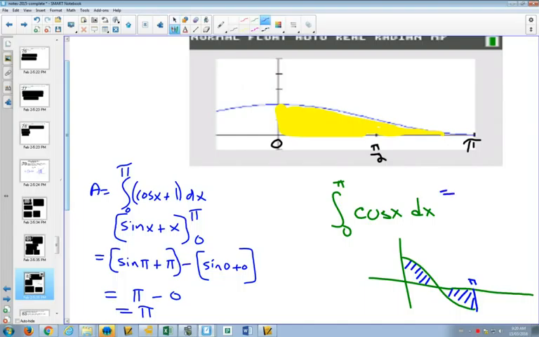What are some of the values that your graphing calculator told you the area was? See, got one here that said, okay, from 0 to pi, 3.21 e minus 14. Or is it negative 3.21? Did everybody get this exact same answer?